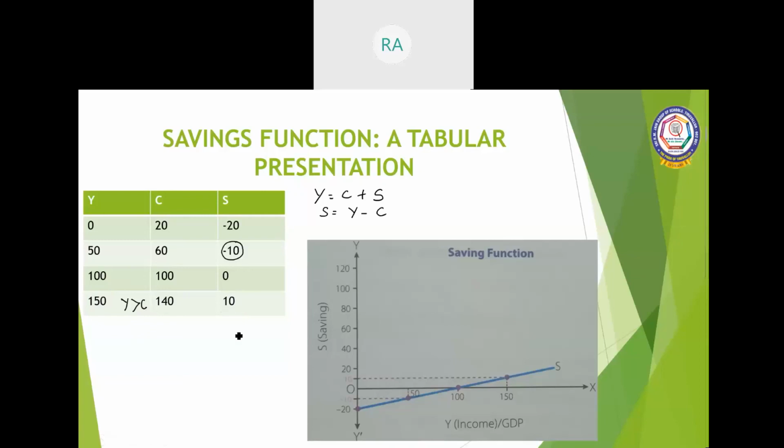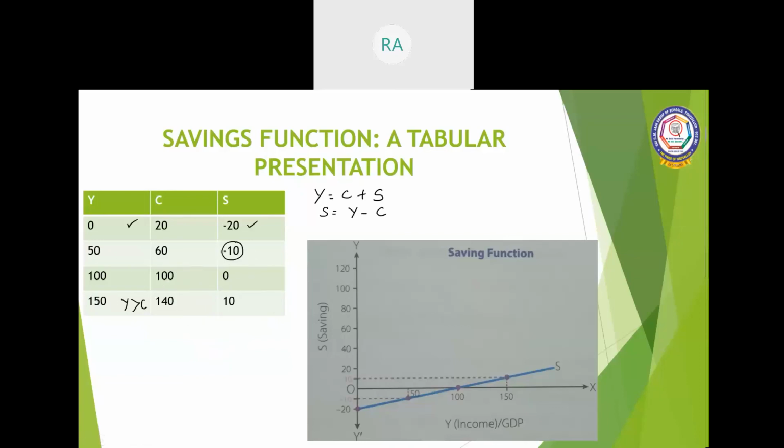The savings function reveals that savings is minus 20 when income is 0, because C is 20 when Y is 0. Savings remains lower than income. It is never greater than income because savings is only a part of income. You cannot find here savings greater than income.